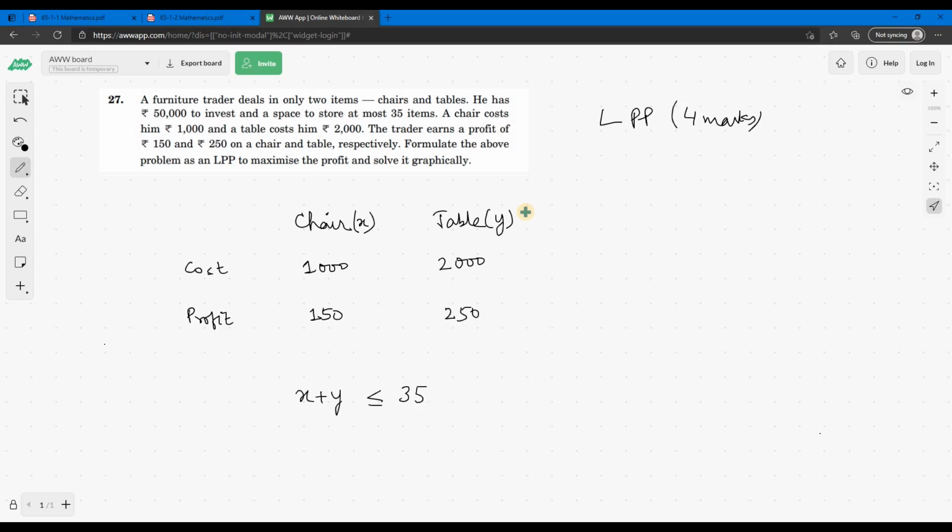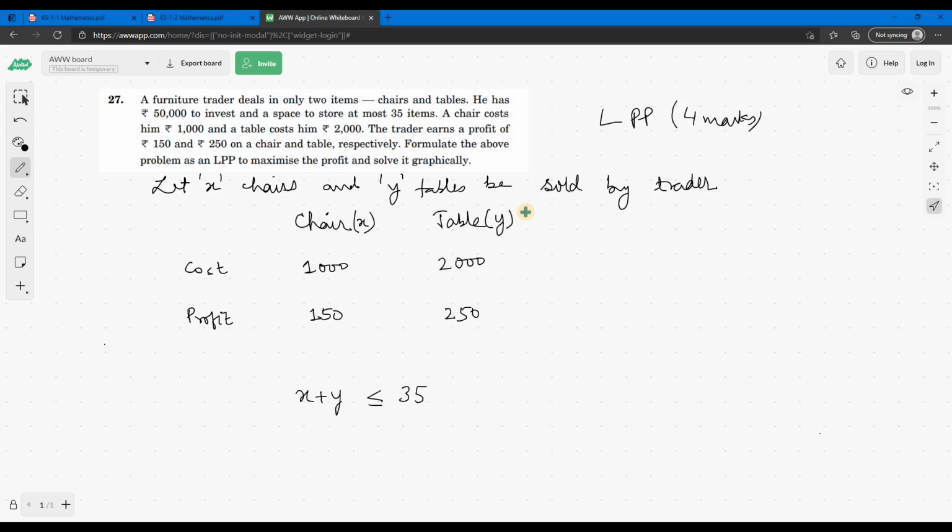Then it says that one chair costs him rupees 1000. So if X and Y represent the number of chairs and tables, let X chairs and Y tables be sold by the trader.